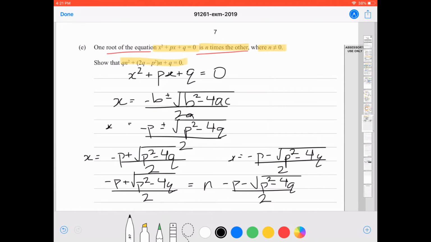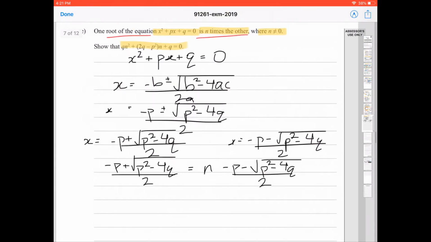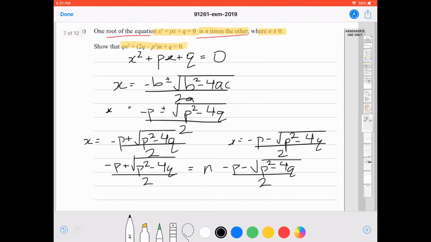Okay, and so they're asking us to show that this is true here. qn squared plus 2q minus p squared n plus q equals 0.